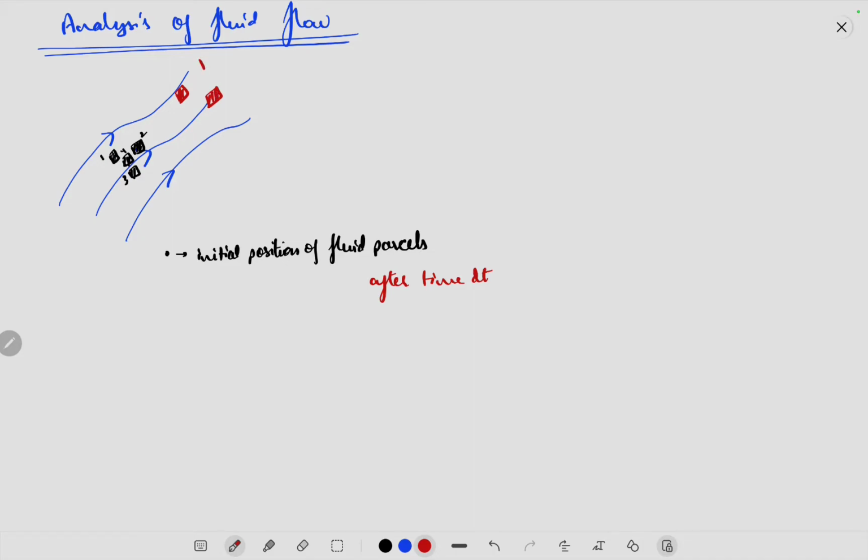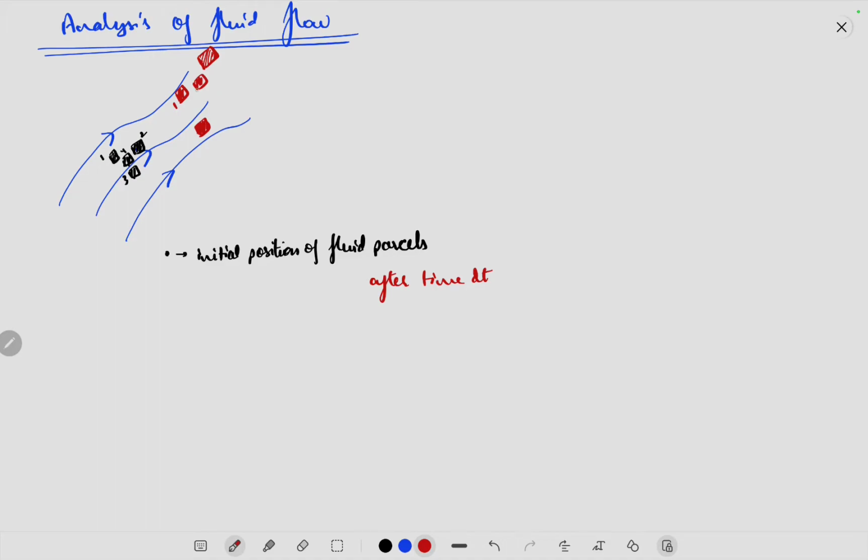It's not necessary that the distance among these fluid elements should remain the same, because fluid flow can be anything, and let's say the average distance among them has increased. So let's say this is 1, and these should be 4.